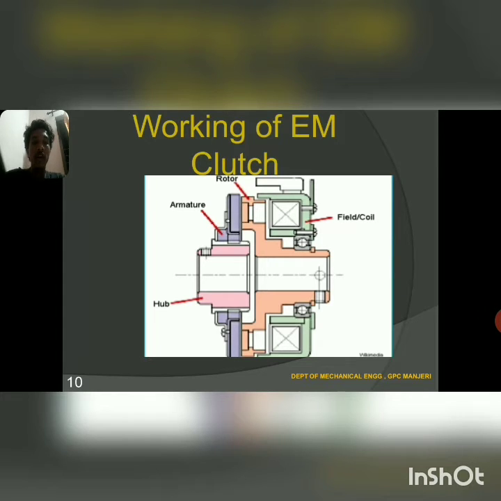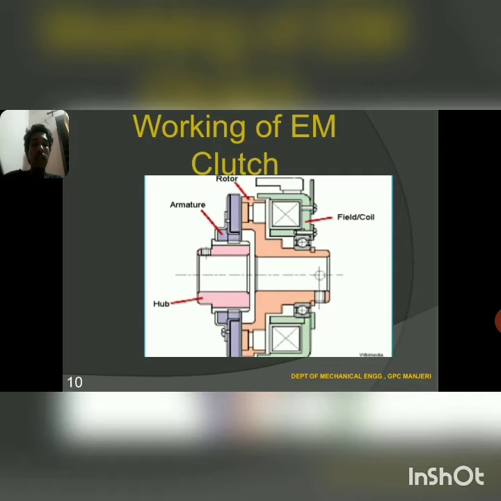Engagement. When the clutch is required to actuate, voltage or current is applied to the electromagnet, which produces a magnetic field. The rotor portion of the clutch becomes magnetized and sets up a magnetic loop that attracts the armature. The armature is pulled against the rotor and a frictional force is generated at contact.